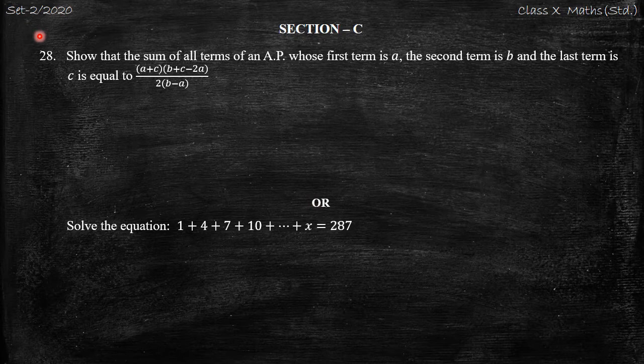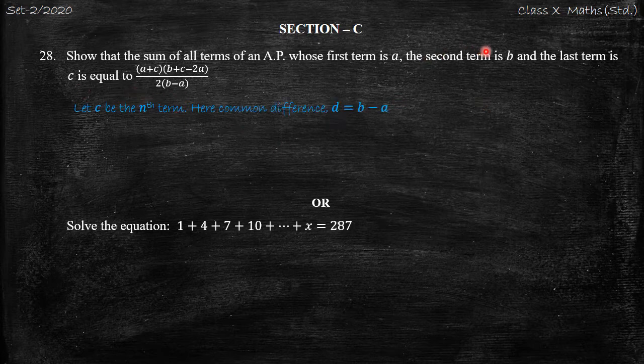Okay, next question. It is related to arithmetic progression. Here in this AP, first term is given, second term is given, last term is given, and you need to show that the sum of all terms is this. So let us assume that C, the last term, is the nth term.